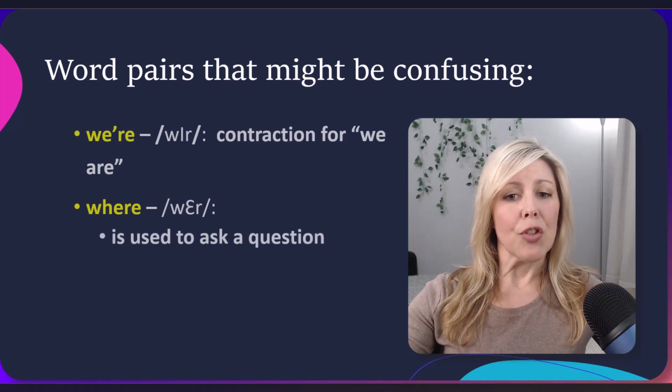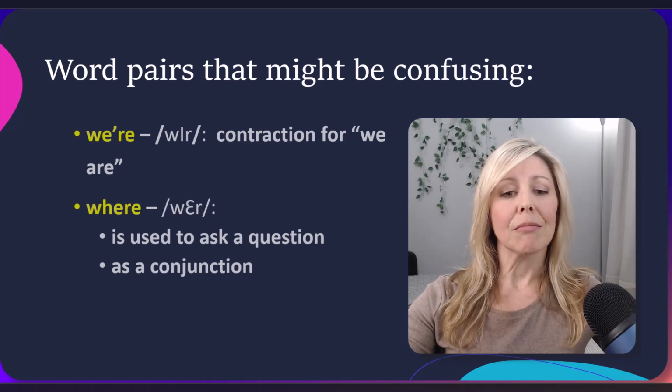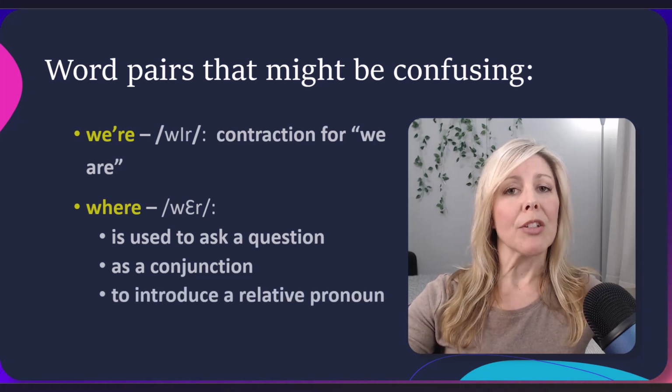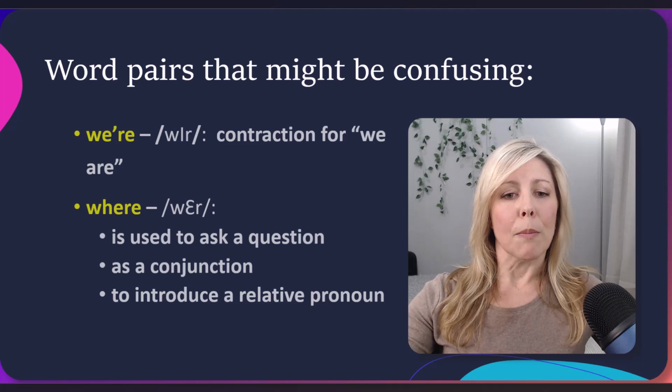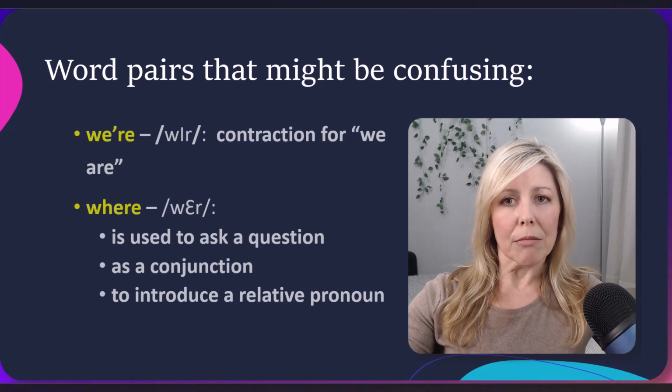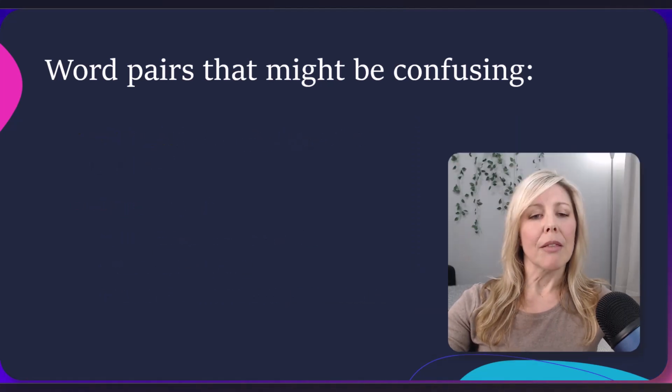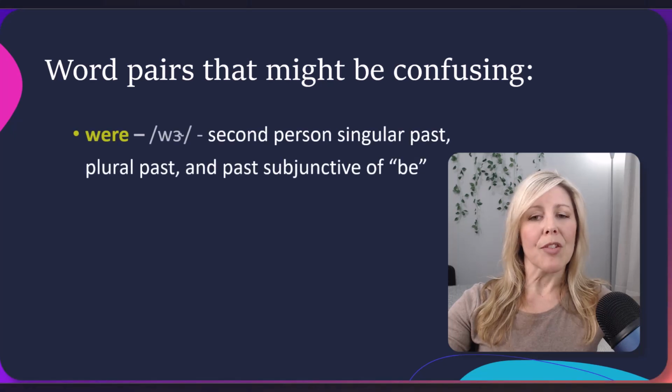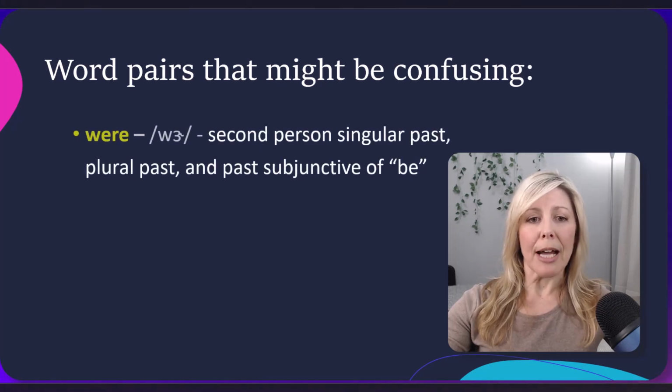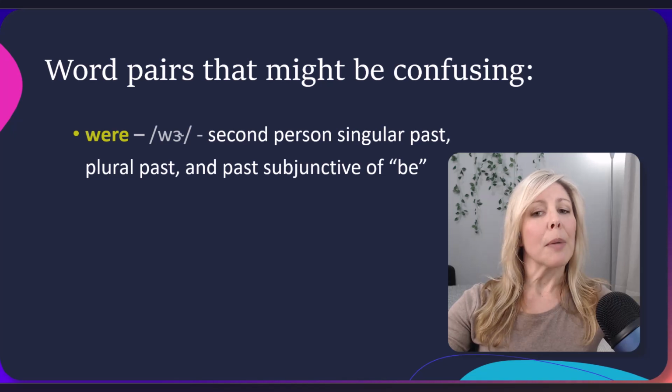This is also used to ask a question. It can be used as a conjunction and to introduce a relative pronoun. So these are some of the grammatical ways that where is used. Then we have were. This is the second person singular past, plural past, and past subjunctive of be.